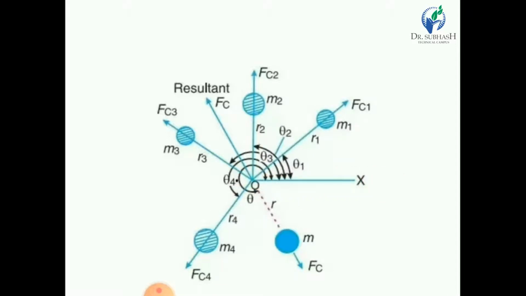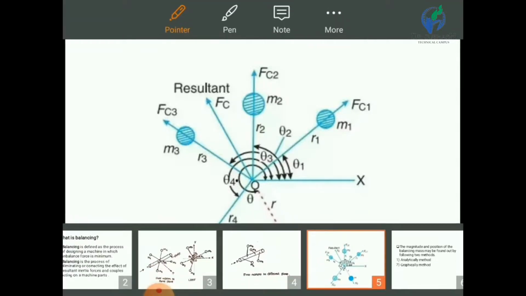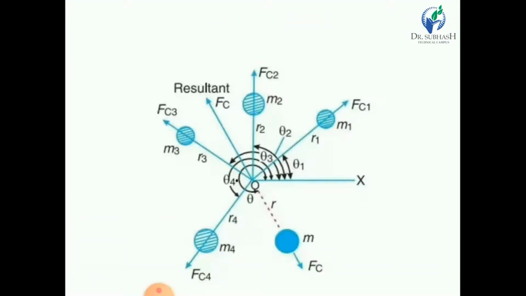Now let us consider four masses of magnitude M1, M2, M3 and M4 rotating at distances R1, R2, R3 and R4 from the shaft as shown in the figure. These masses make angles of theta 1, theta 2, theta 3 and theta 4 with the horizontal line OX.